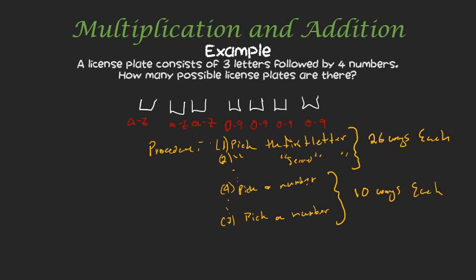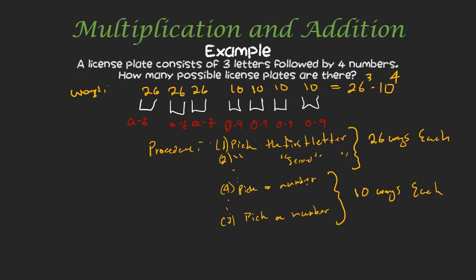I like to write it out like this. There's 26 ways, 26 ways, 26 ways, 10 ways, 10 ways, 10 ways, 10 ways. So if I list the number of ways up here, then the total number of ways by the multiplication principle that we just saw is we multiply all of these together. So this would be 26 to the 3rd times 10 to the 4th.